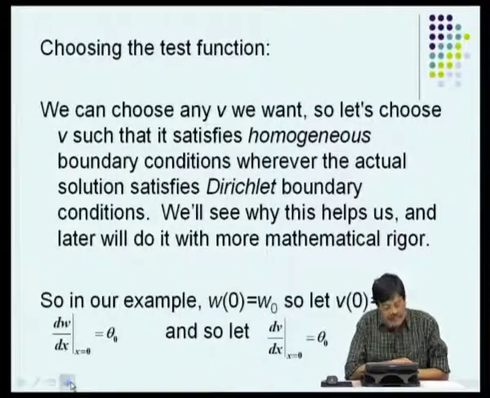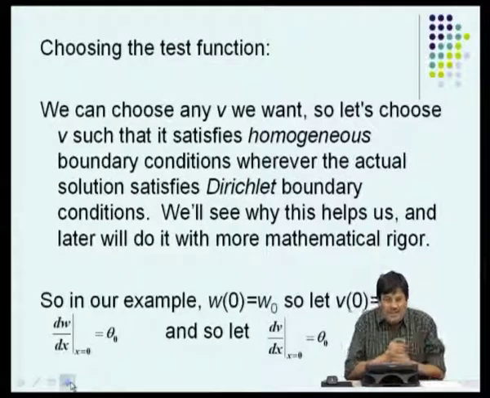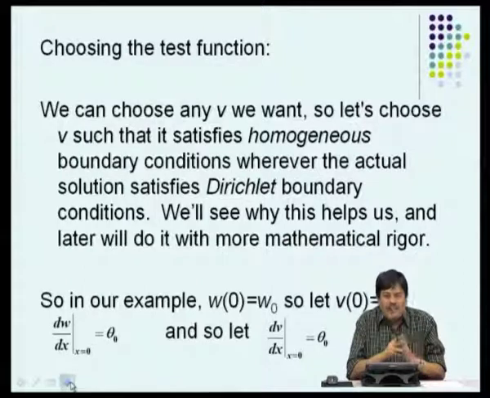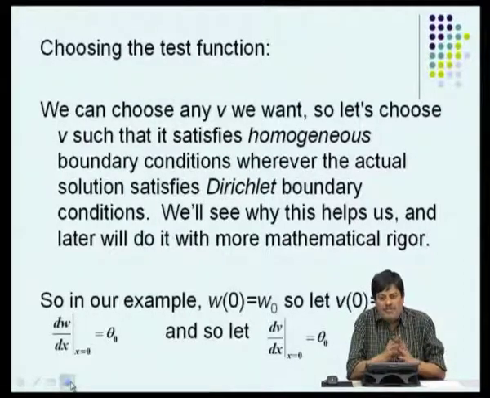So, choosing the test function, we can choose any function v. We have seen, for a typical differential equation, we have chosen a whole bunch of functions in the last class and shown that the accuracy of the solution varies with the choice of these weight functions.